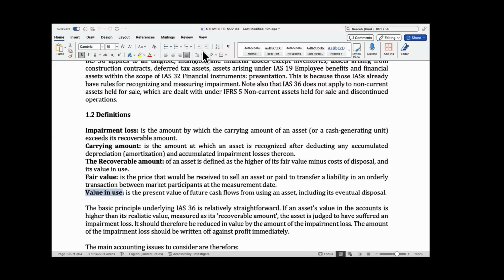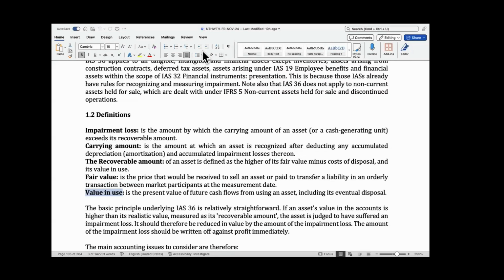Then this should start making sense to you now. When we say that the objective of this standard is that we need to ensure that the book value or the carrying amount of an asset does not exceed its recoverable amount, that should make sense to you now.